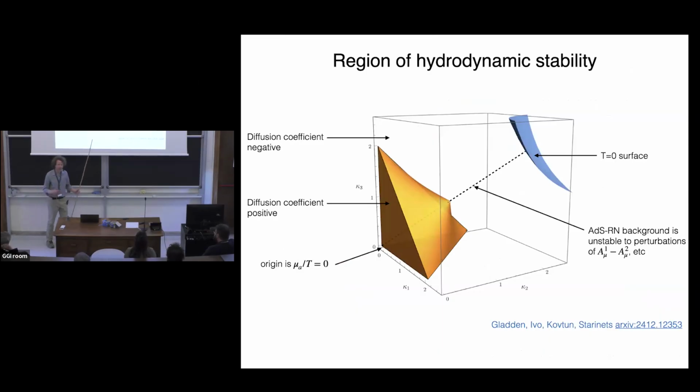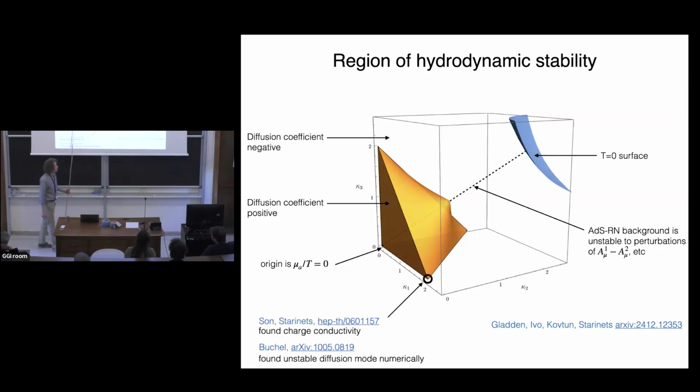If you just have AdS Reissner-Nordström in a simple theory that only has a single U1, you don't know about the existence of these other things. But once you embed this in a larger theory, which is U1 cubed, then these difference fluctuations make an appearance, and they actually cause an instability.